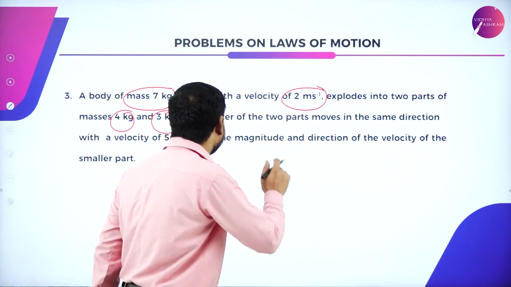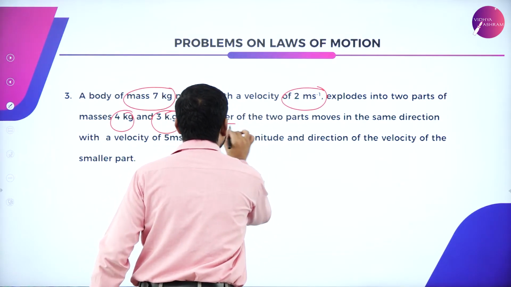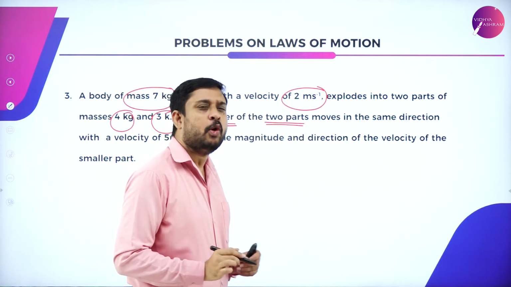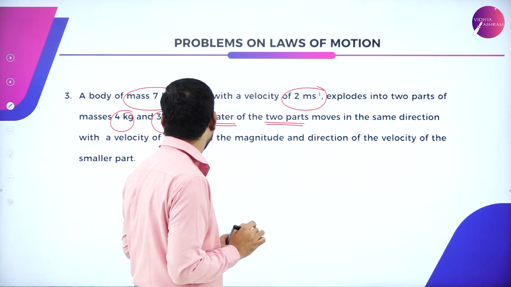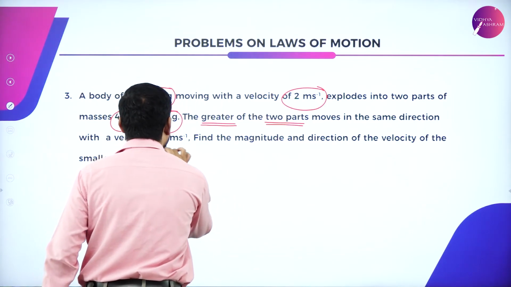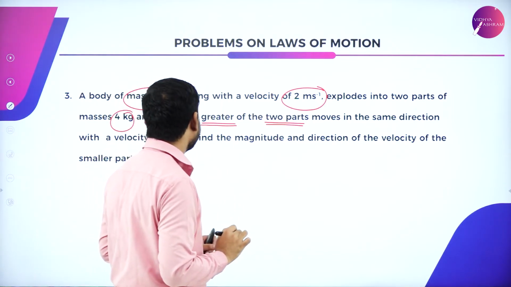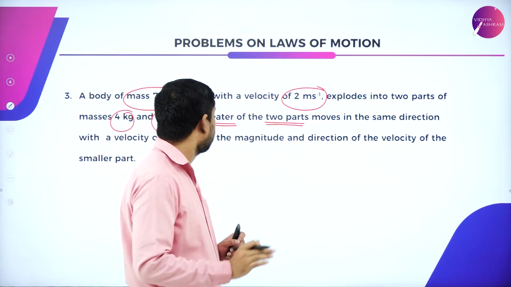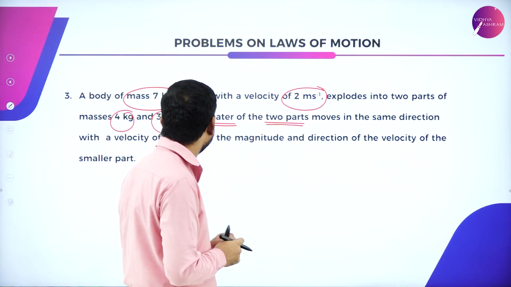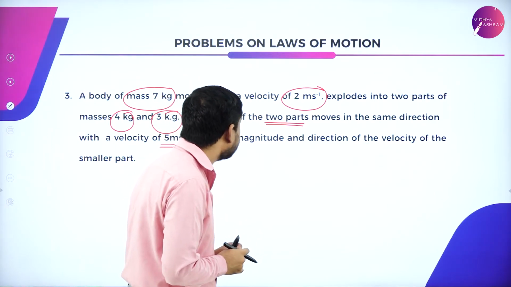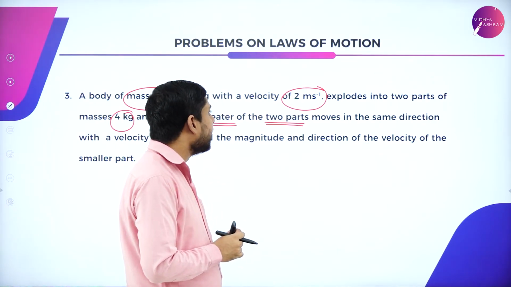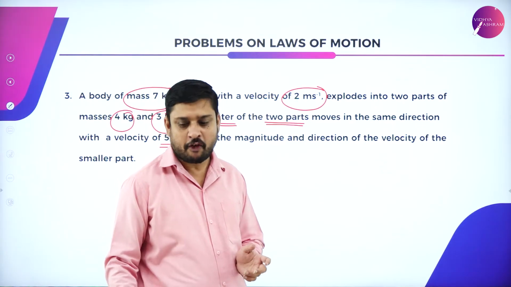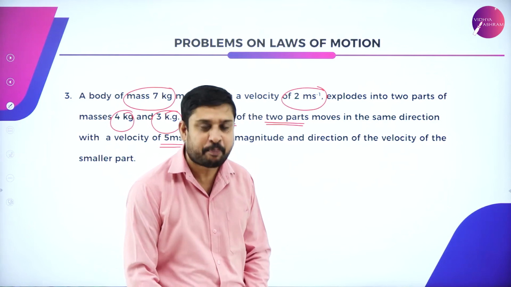The greater of the two parts moves in the same direction with a velocity 5 meters per second. I have to find the magnitude and direction of the velocity of the smaller part.